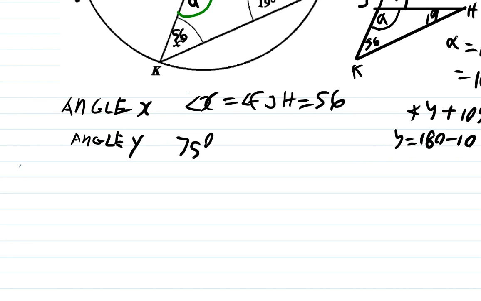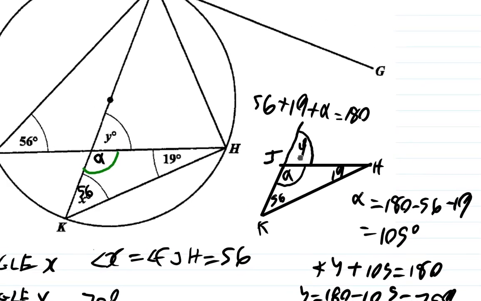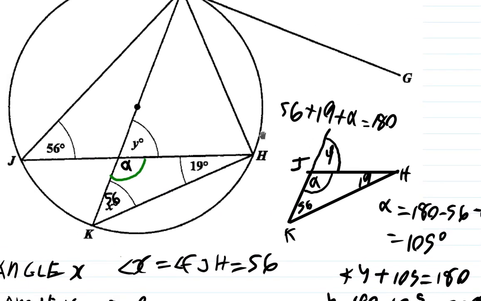Now, let me just write it here and remove the alpha business from here. Oh, write it in a different color. So this is 75 degrees. Good. And X was what again? 56. X was 56 degrees.